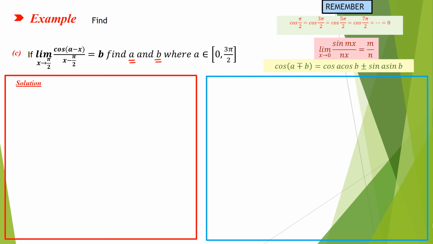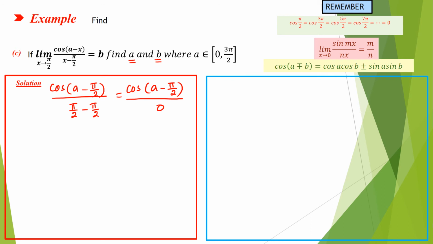So if you substitute pi over 2 in our limit, you will get cosine a minus pi over 2 divided by pi over 2 minus pi over 2, which equals cosine a minus pi over 2 divided by 0.